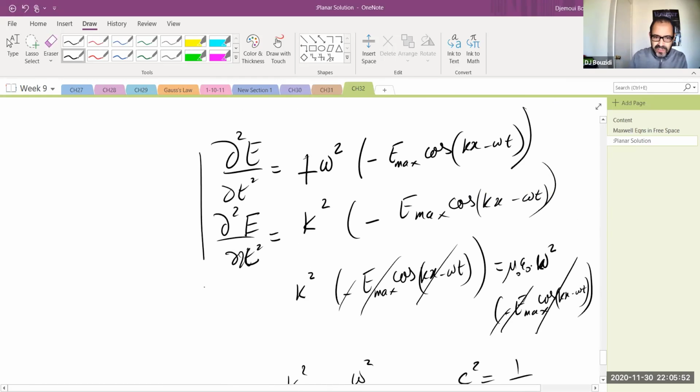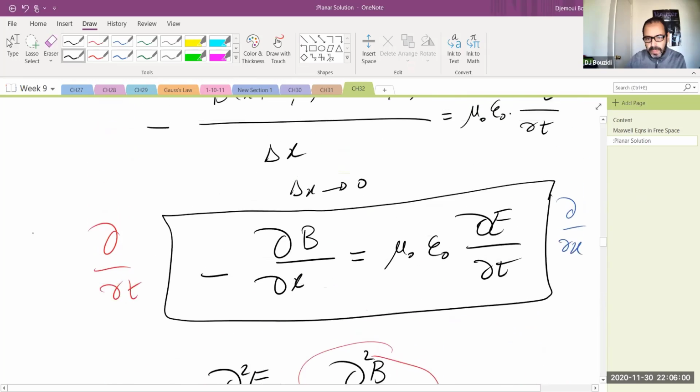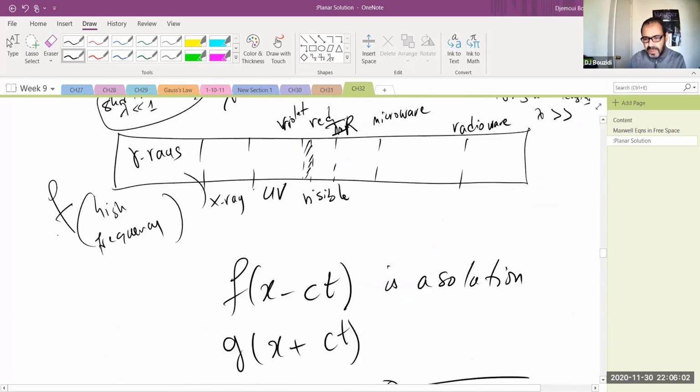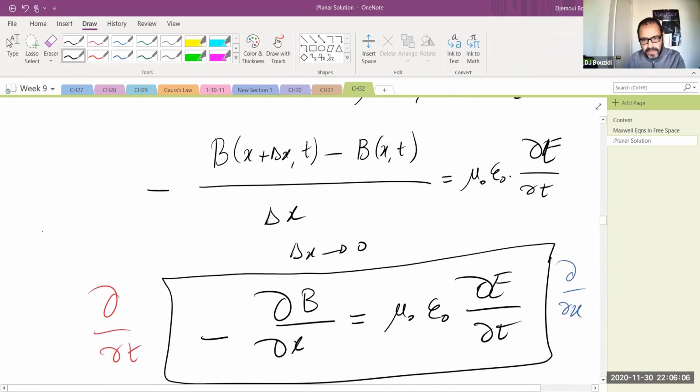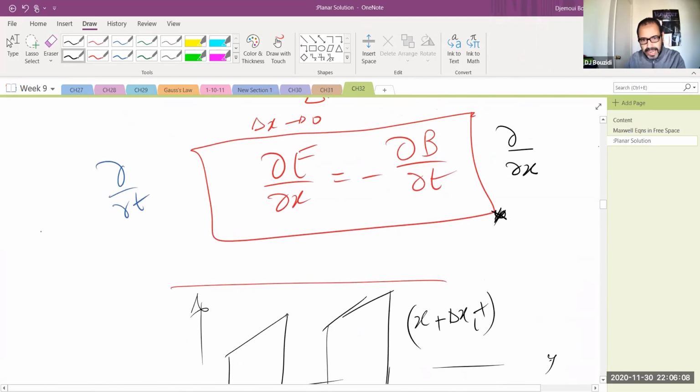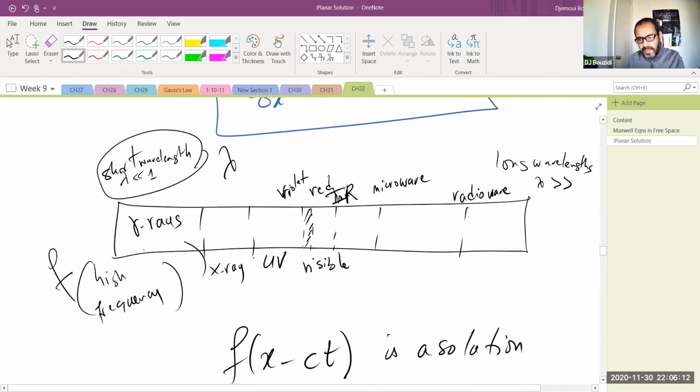The derivative of E with respect to x. That's what this expression is. Let me rewrite this expression in here. Yes, dE with respect to x equal to minus dB with respect to time.